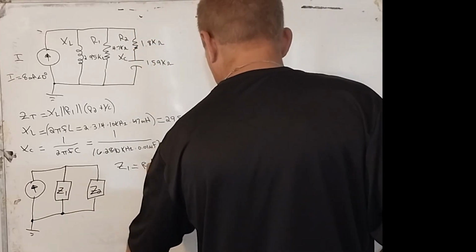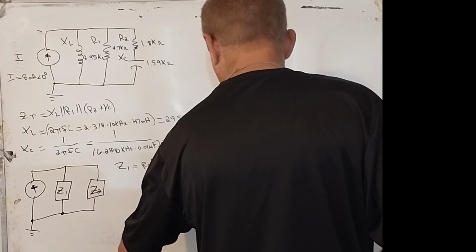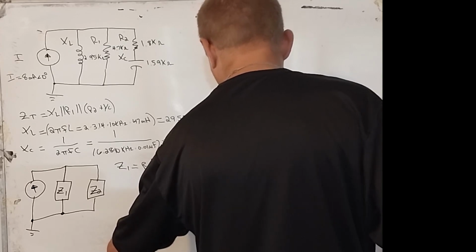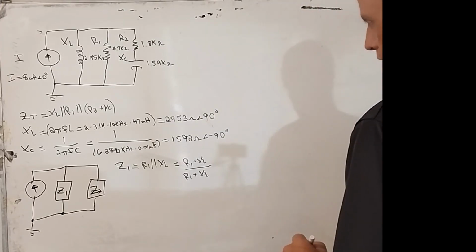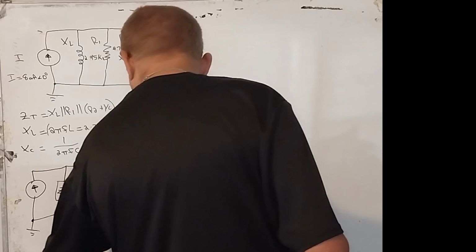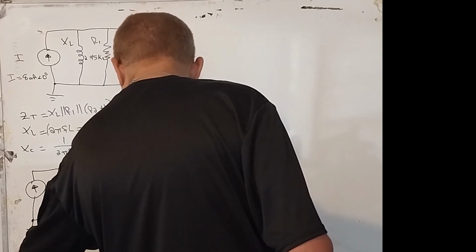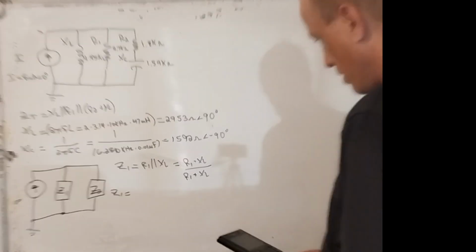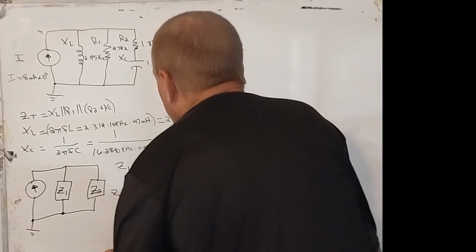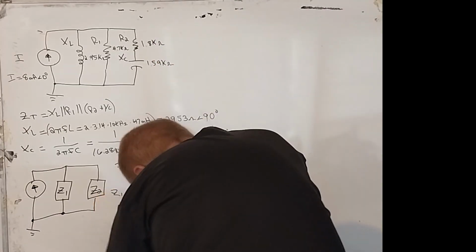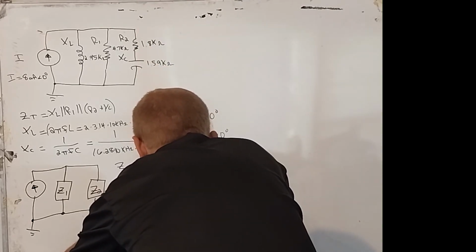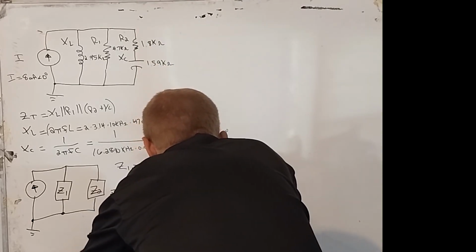So this is equal to R1 times X of L over R1 plus X of L. That's equal to, let's see, R1 is 4.7K ohms.